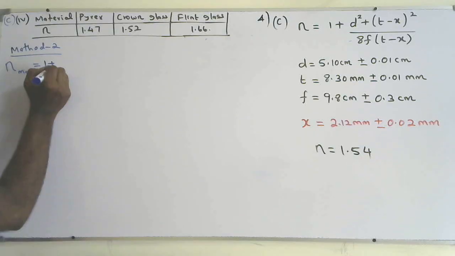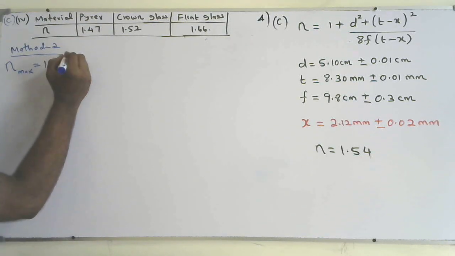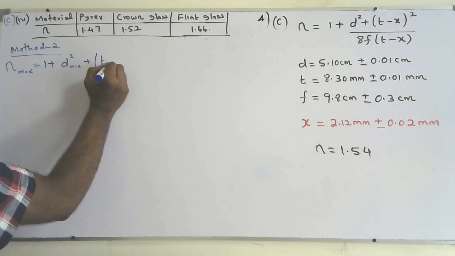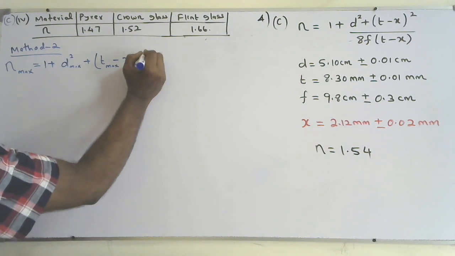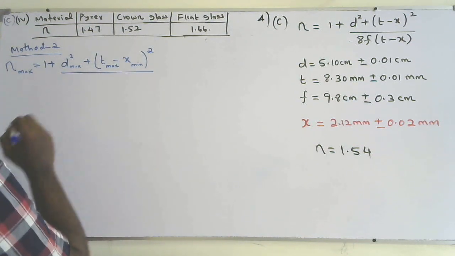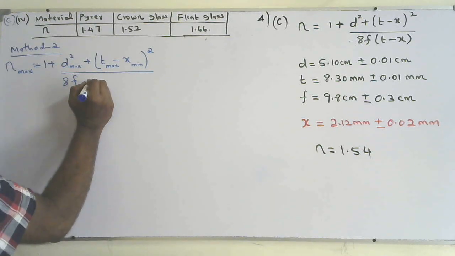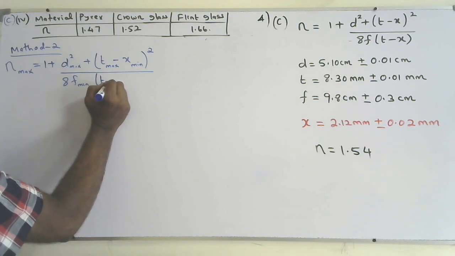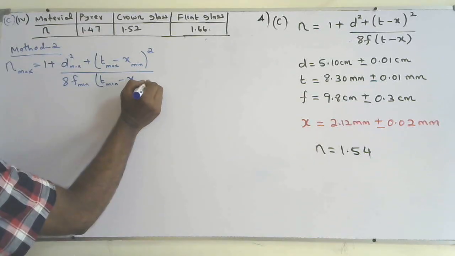So 1 plus D max squared plus T max minus X minimum, all things squared over 8 F minimum into T minimum minus X maximum.